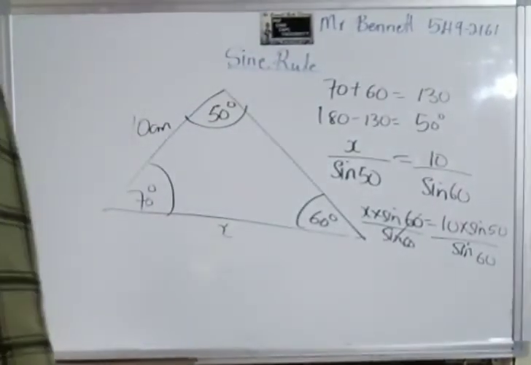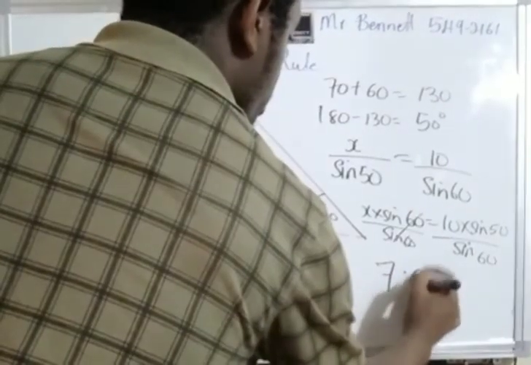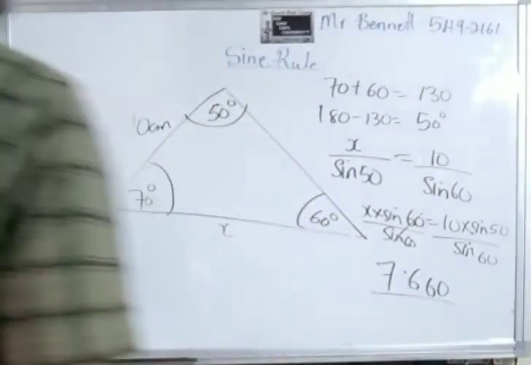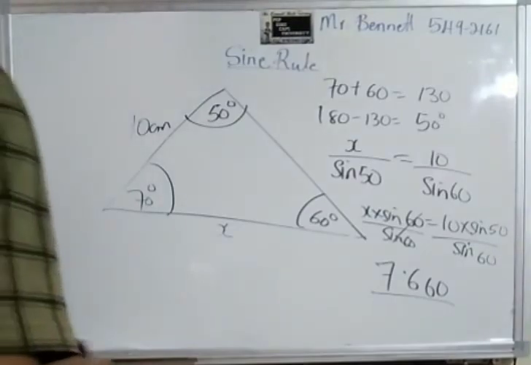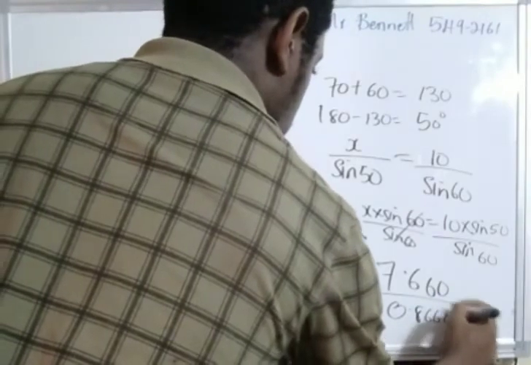Now we're going to do a shortcut way. 10 times sine 50 is equal to 7.660. And we divide by sine 60. Now sine 60 should be 0.8660.